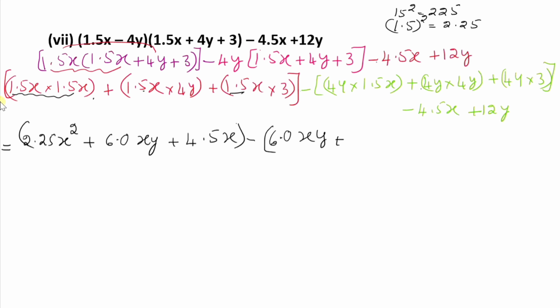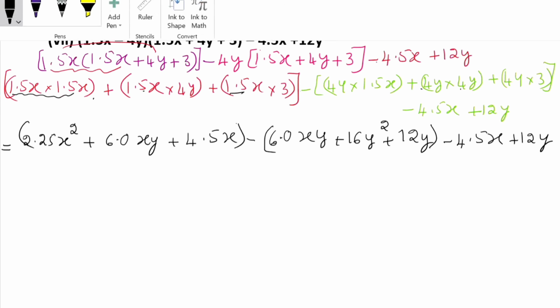Plus 4 fours are 16y square plus 4 threes are 12y, minus 4.5x plus 12y. Now let us remove the brackets.